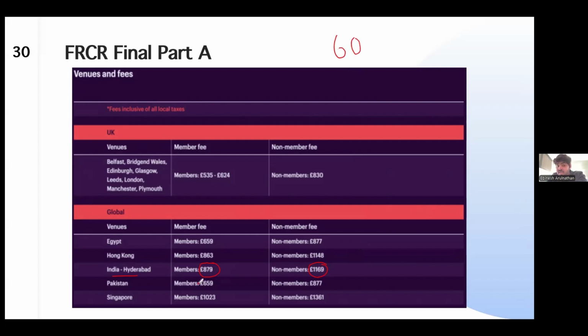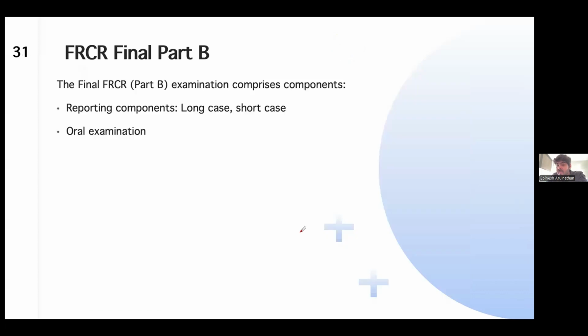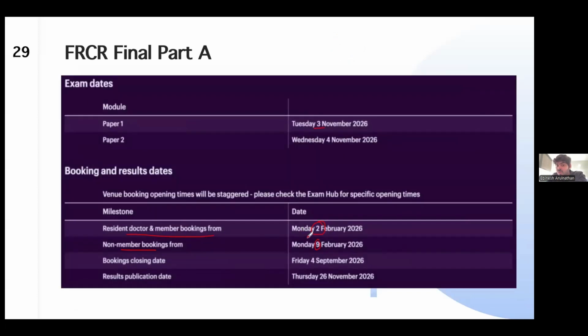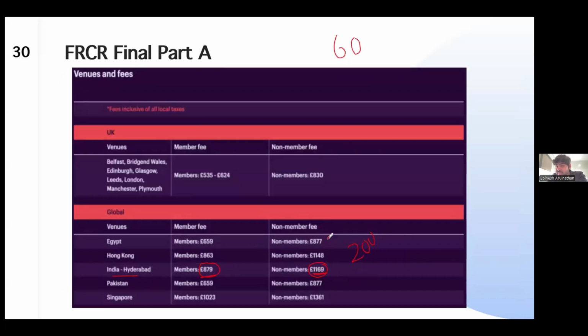The difference in the exam fees in itself is around 200 pounds, and the booking also opens 1 week ahead for members. So it is best to get your RCR membership as a resident, because it is quite cheap and cost effective, right?